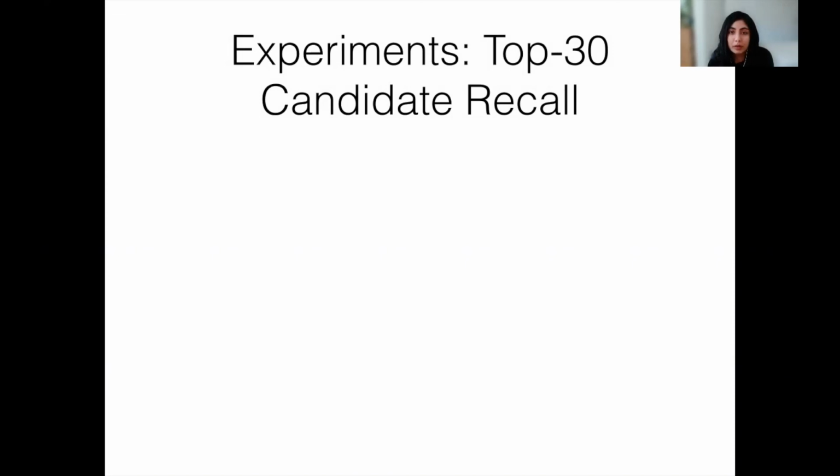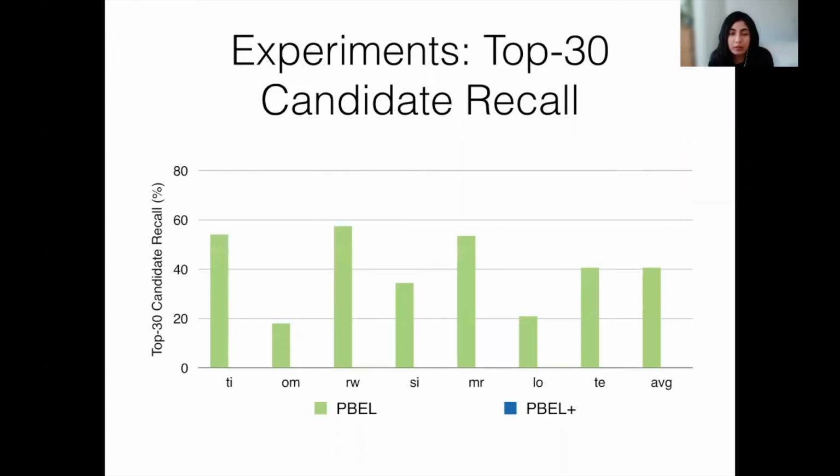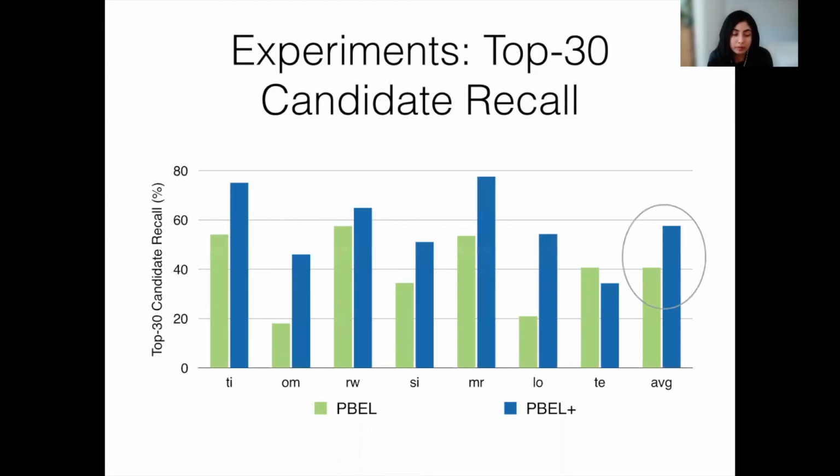To evaluate whether the proposed modifications to the model are effective, we compared the top 30 candidate recall between the original pivot-based entity linking method, or PBEL, and the modified method, which we call PBEL+. The top 30 recall metric refers to whether the correct candidate link for the input mention is present in a list containing the top 30 highest scoring entities from the model.